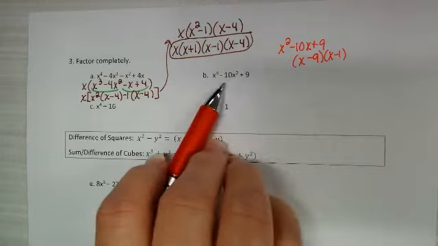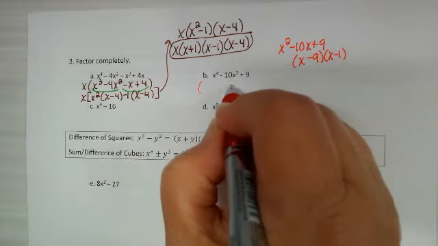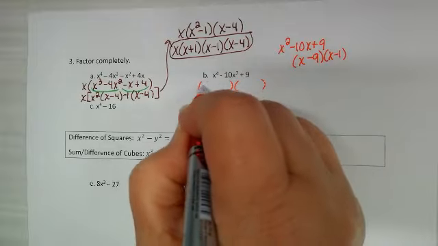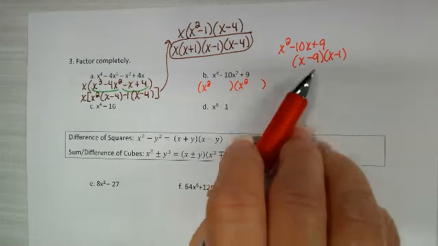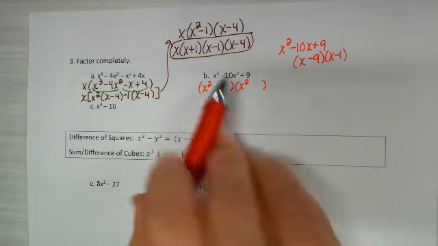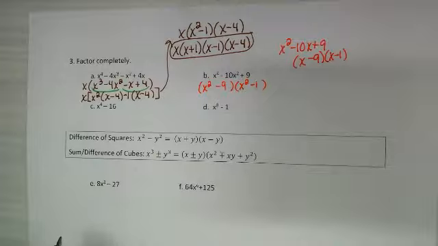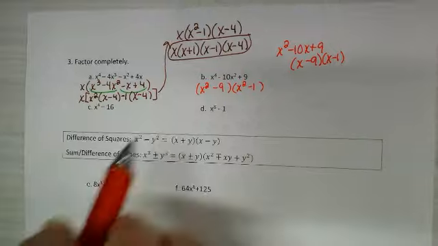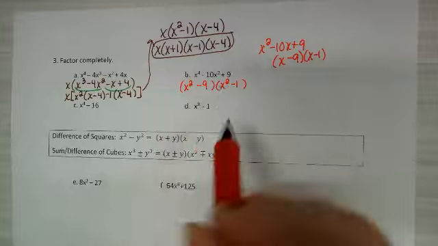So the only difference here is that it's not x squared, it's x to the 4th. So when I break this up, it's going to be x squared and x squared. And then factors of 9 that add up to negative 10 would be minus 9 and minus 1. And now there's difference of squares in both of these.